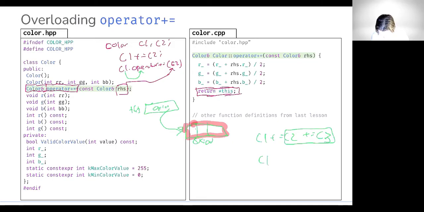So we have C1 plus equals essentially a temporary reference, or in this case, that reference is just another name for C2. So that's effectively what's going on there.